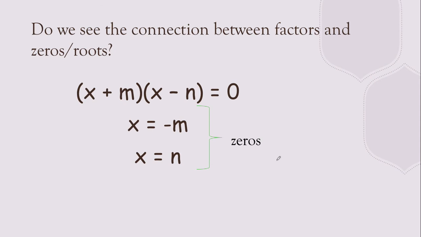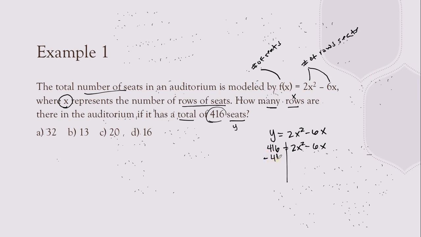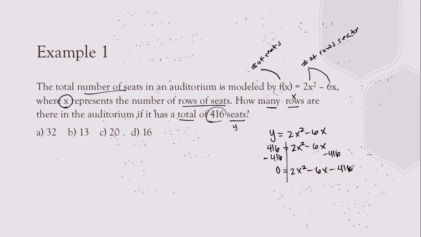Because that will give me my x values. So I need to make this equal to 0, not 416. Can I just erase the 416? No. How do I get rid of it? I need to subtract 416 off of both sides, giving me 0 equals 2x squared minus 6x minus 416.